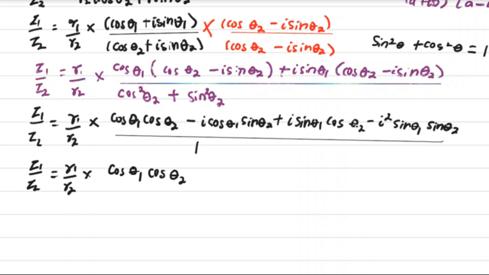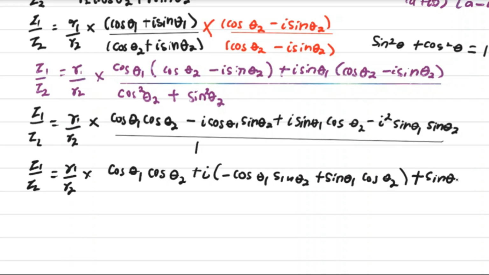Now, minus i square, okay, before we collect like terms, if we factorize i out of this, it will be plus i into minus cos theta 1 sine theta 2 plus sine theta 1 cos theta 2, close the bracket. Now i square is minus 1, so minus 1 will give us plus sine theta 1 sine theta 2.